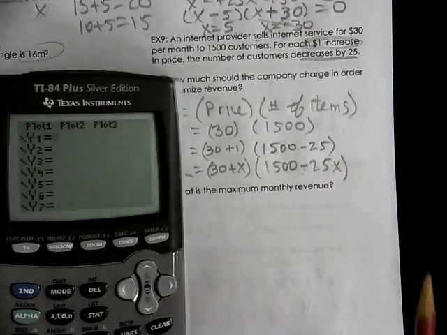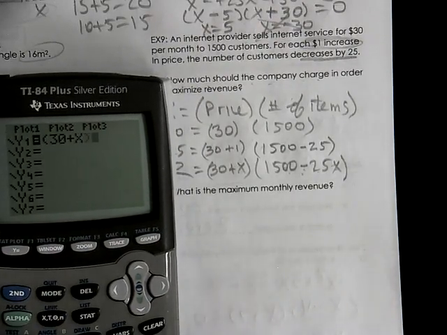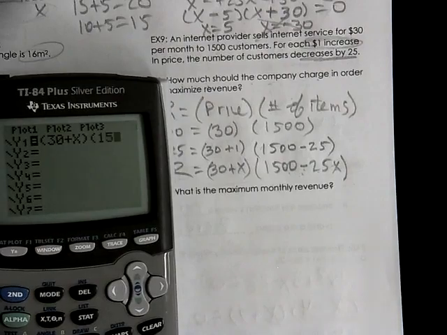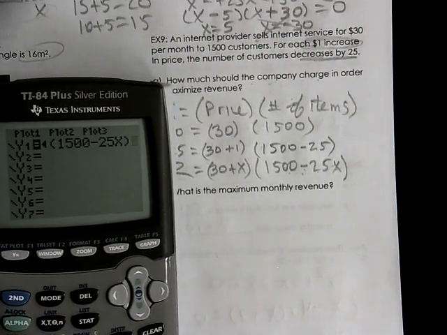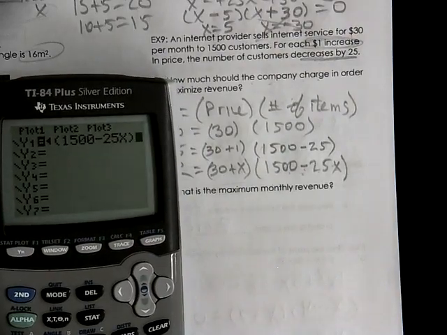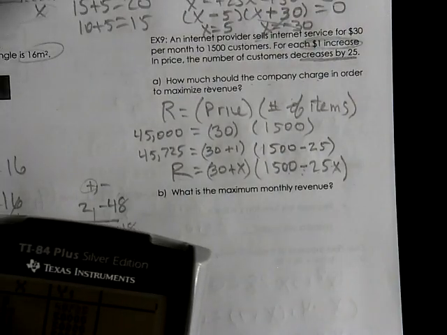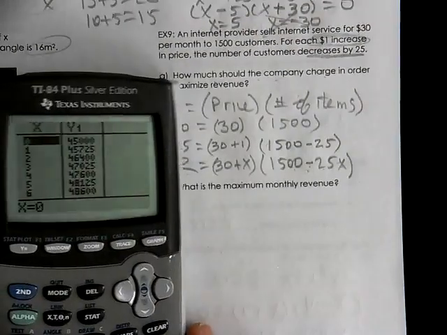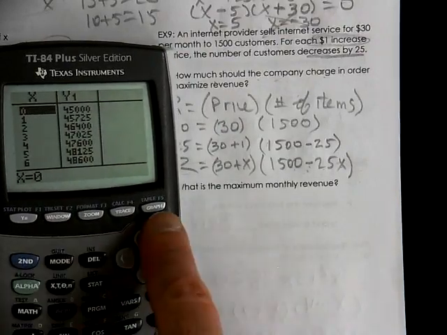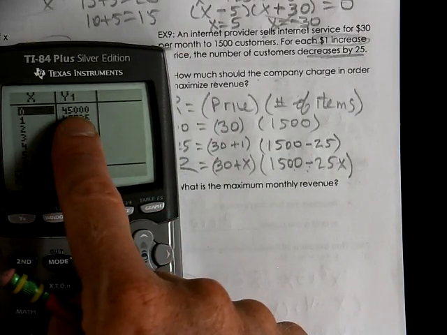So we come down here, we say y equals 30 plus x, 1,500 minus 25x. We type that into our y equals. When you go to table, that would be second table on your calculator.